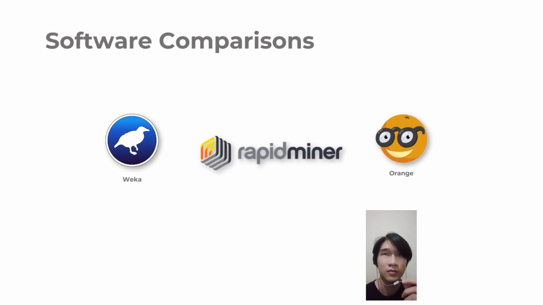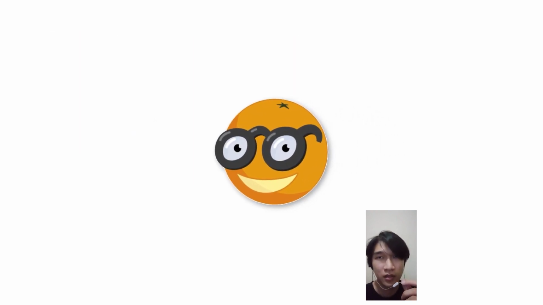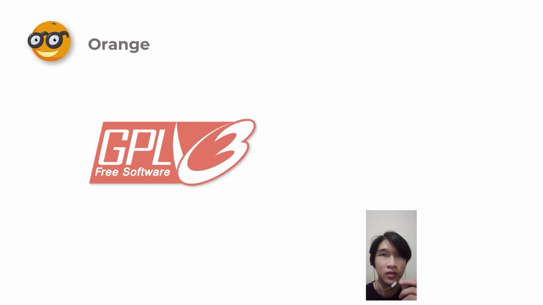That's all about RapidMiner. And the next one is Orange. This program is managed and developed by the Bioinformatics Laboratory of the Faculty of Computer and Information Science at the University of Ljubljana. Yeah, I'm not kidding. It is an open source software for data mining written in Python.